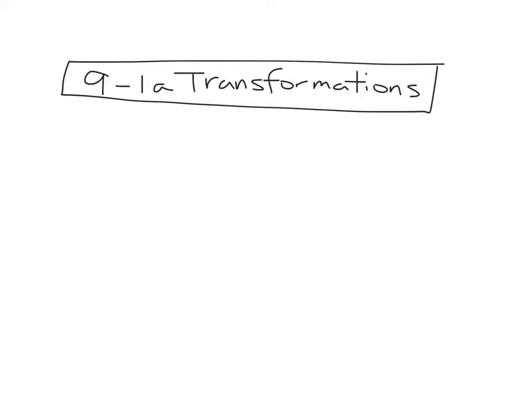So transformations is like the umbrella, and then I will teach you several different transformations by name. But first I want you to just understand the idea of a transformation.